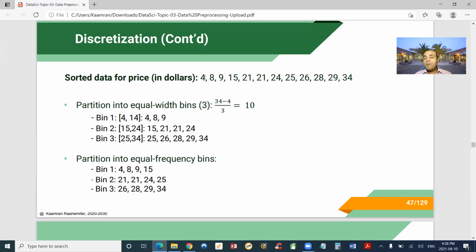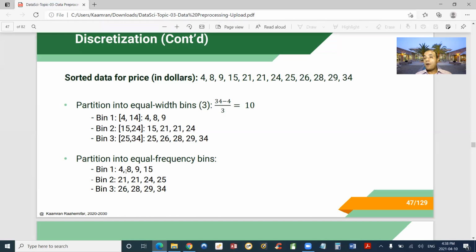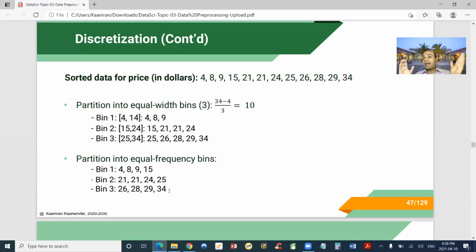You count the number of points and you say, I want an equal number of balls in every bin. So I have 4 numbers here, 4 numbers here, and 4 numbers here. And I don't care where they land. They could potentially land on extreme edges, but that's okay. I just want to have an equal number of balls in each bin.